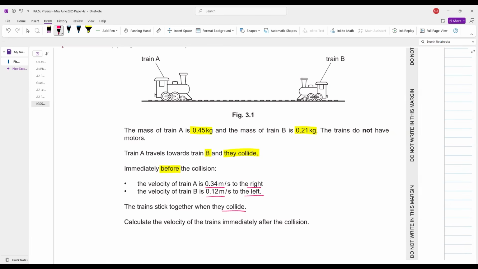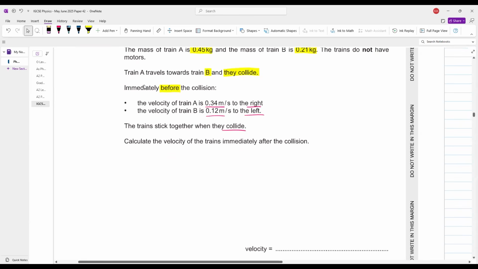You have to calculate the velocity of the trains immediately after the collision. How will you do that? What can we say here? You can apply the principle of conservation of momentum. The total momentum before collision is equals to the total momentum after collision.